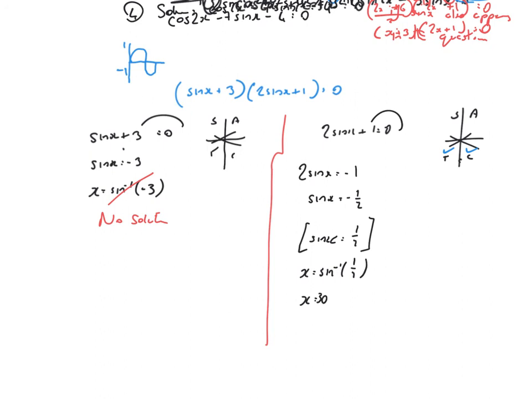Just remember, follow my advice here, which is to be careful with the detail. It's a radians question, so I should have been thinking about that. Try it again. Put it in radians. That's pi over 6.